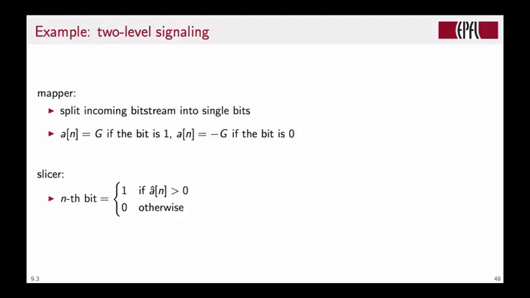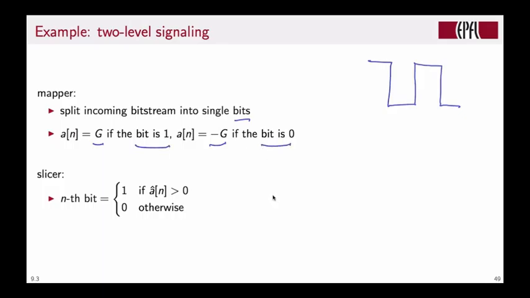As an example, let's look at simple two-level signaling. This generates signals of the kind we have seen in the example so far, alternating between two levels. The way the mapper works is by splitting the incoming bit stream into single bits. And the output symbol sequence uses an alphabet composed of two symbols, G and minus G, and associates G to a bit of value 1 and minus G to a bit of value 0.